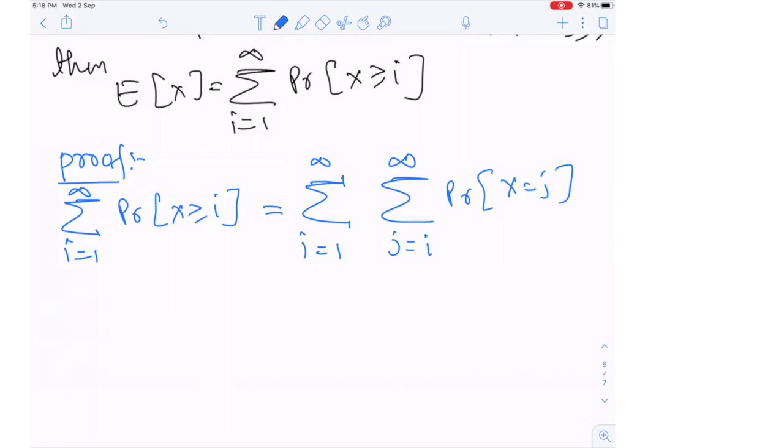Because this is just the definition of x greater than or equal to i: it takes value i, i plus 1, and so on.